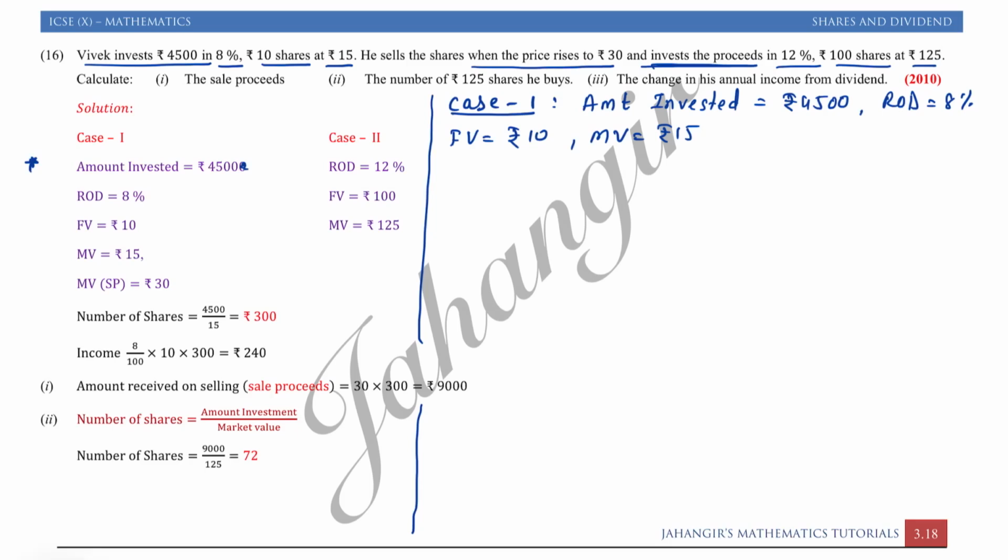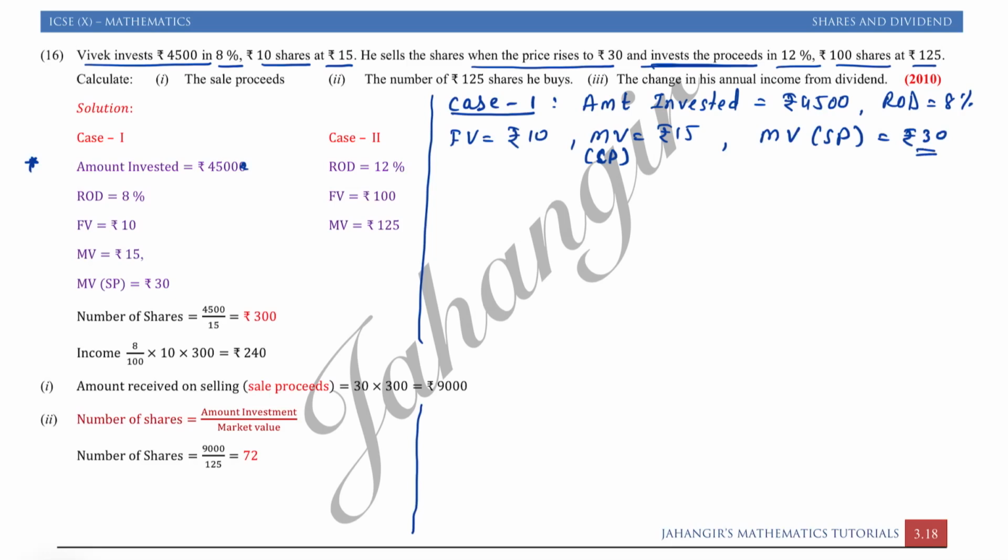We have to find the sale proceeds. He sells these shares when the price rises to rupees 30. So while buying, the market value is 15, while selling the market value is rupees 30. So he sold all the shares he holds at a rate of 30 each.